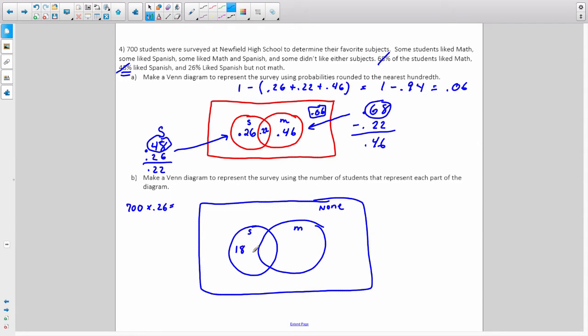That goes here. What is 22% of 700? That goes in the middle. And 46% of 700, 322.